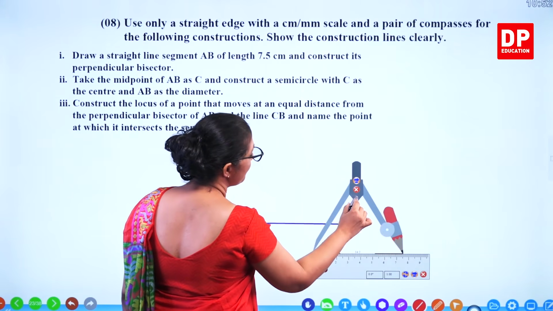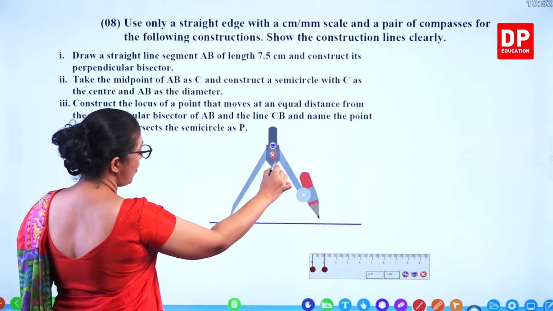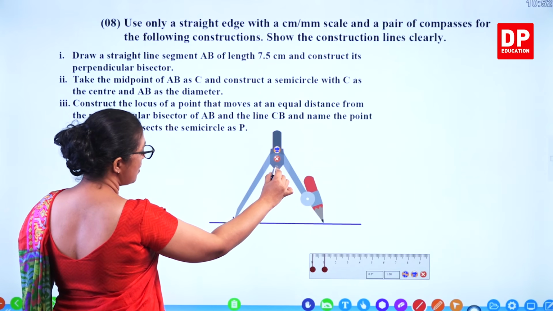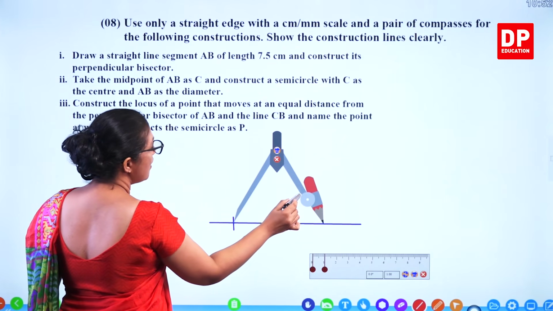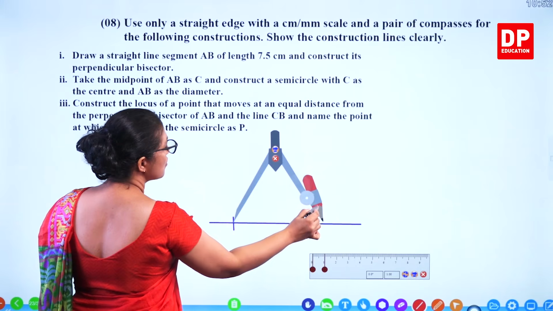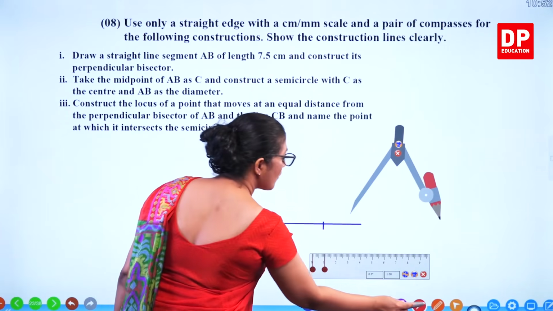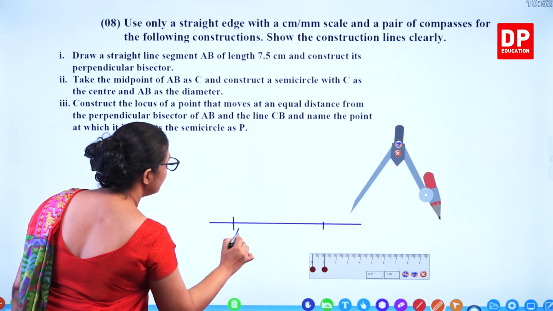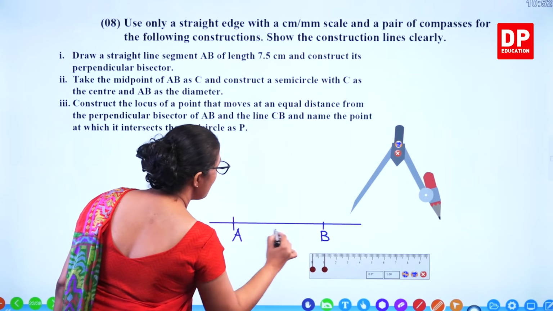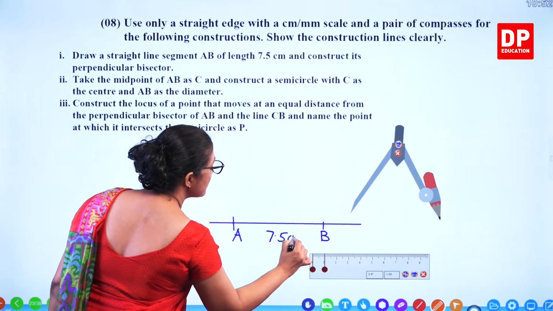Keep it on top of this point, mark a point, and draw the other arc. So that's the length of AB, 7.5 centimeters.